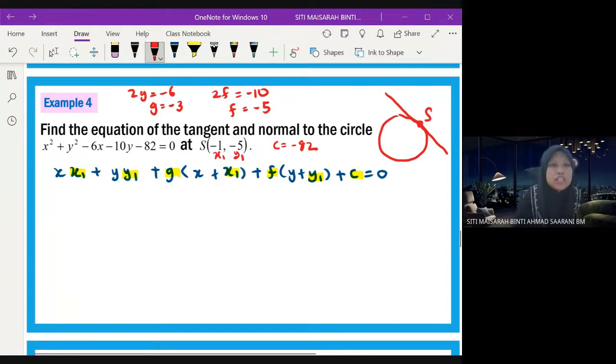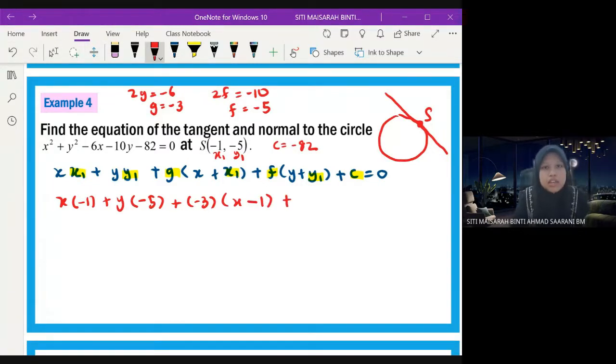Dia akan jadi X times X1, X1 is negative 1, plus Y times negative 5, plus G negative 3 times X minus 1, plus F is negative 5, Y minus 5, minus 82 is equal to 0.